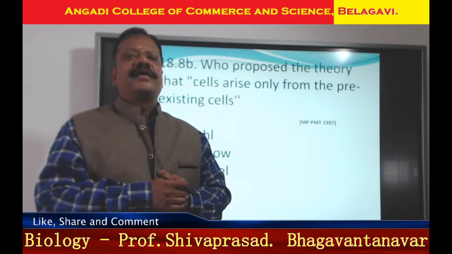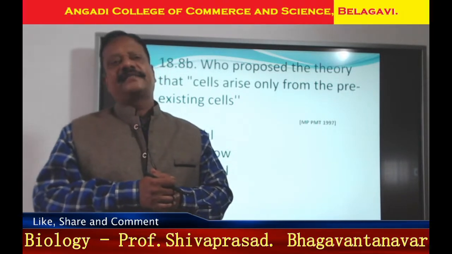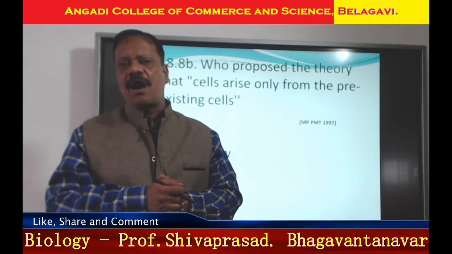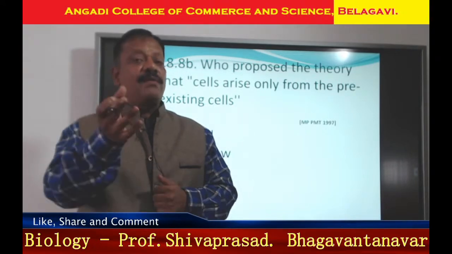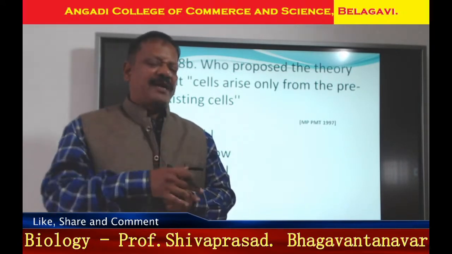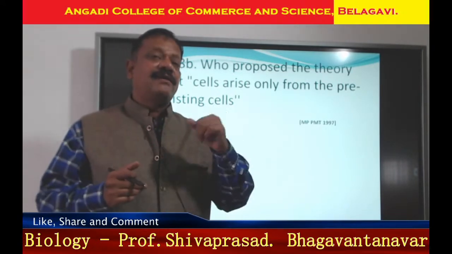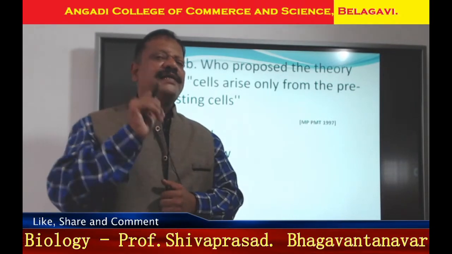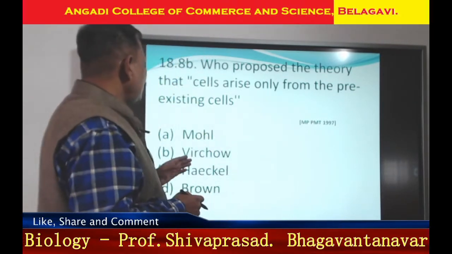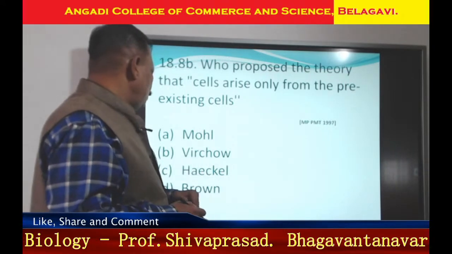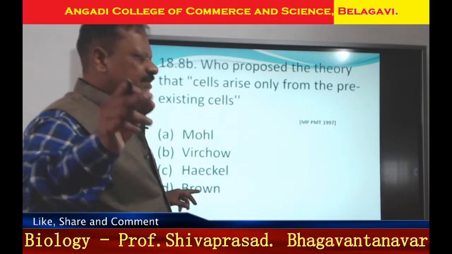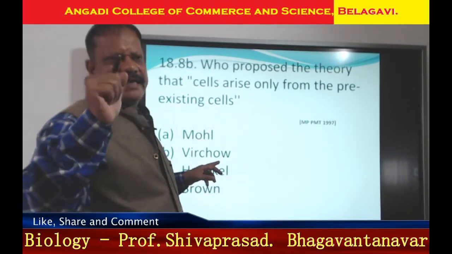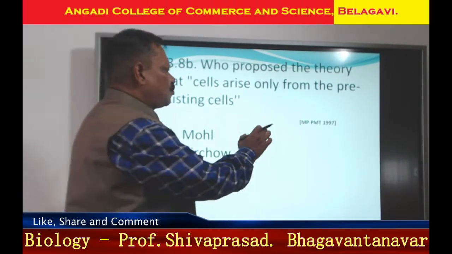He said the pre-existing cell exists from the older cell or from the nucleus. It undergoes budding, and from that the cell arises. We'll see the options here: Moll, Virchow, Haeckel, Brown. So option B, Virchow, is the correct answer. We'll move to the next one.